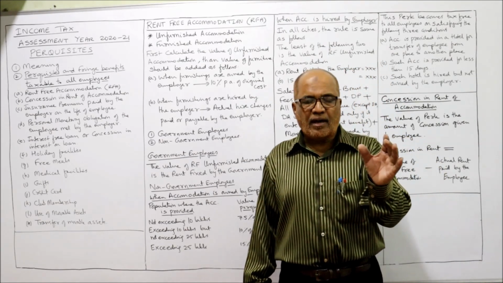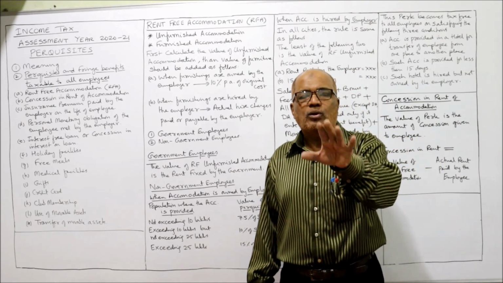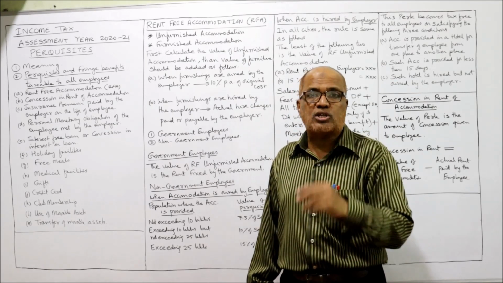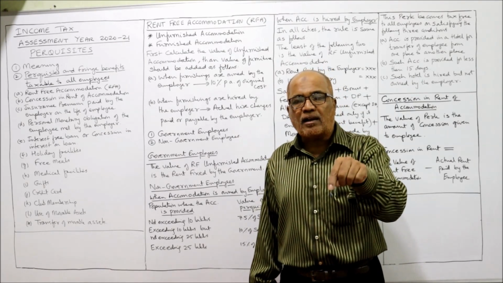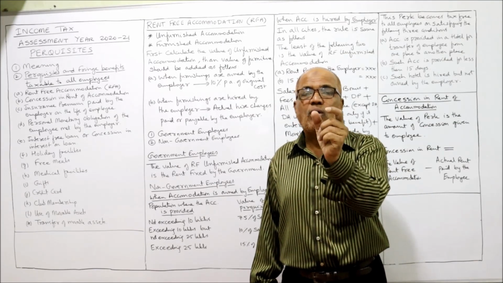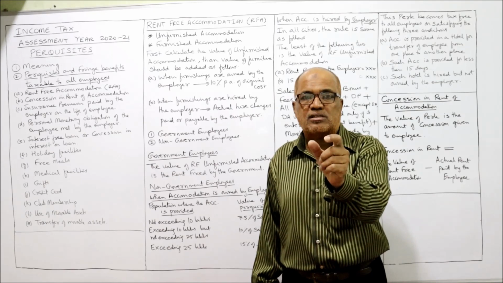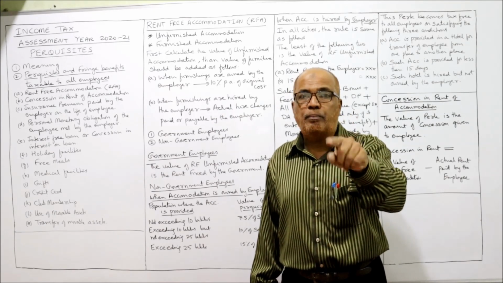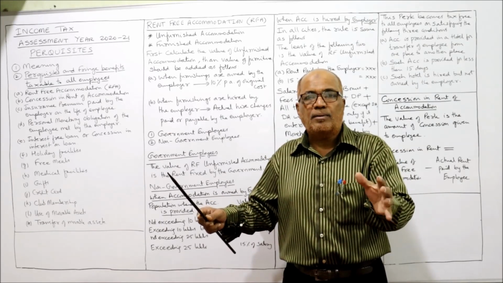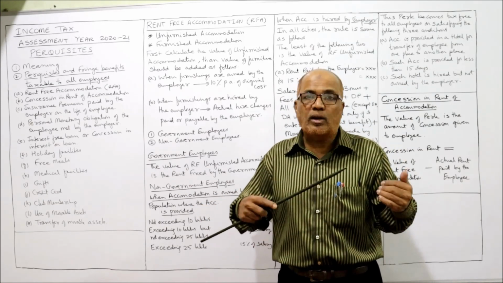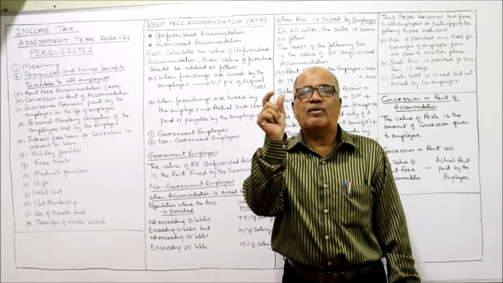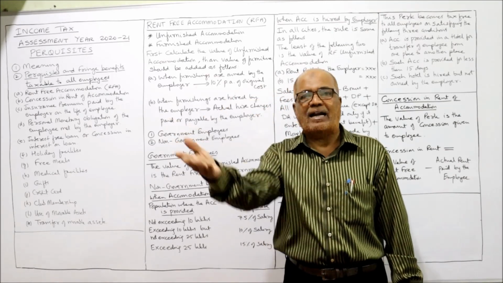If a furnished accommodation is given, first you need to calculate the value of the unfurnished house. After that, you add 10% of the cost of furnishings if the furniture belongs to the employer. If all the furniture is owned by the employer, in that case 10% per annum of the original cost of the furniture will be added.